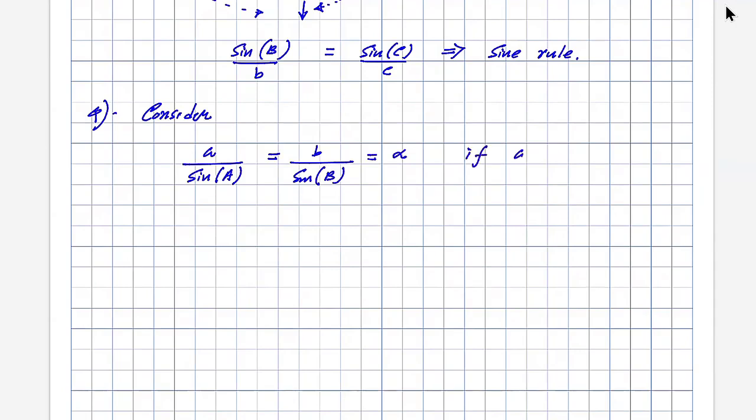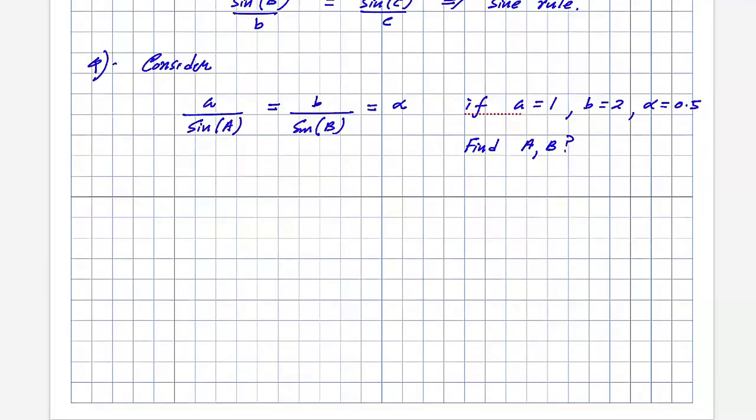If a is equal to 1, b is equal to 2, alpha is equal to 0.5, find A, B. Capital A, capital B are angle values.